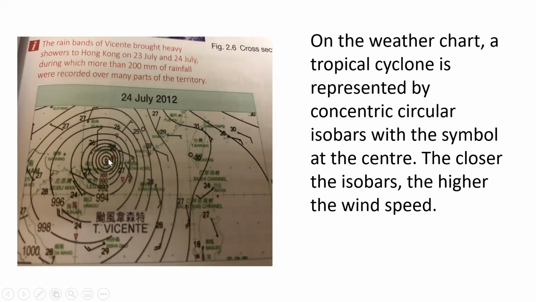嗱，我用中文講一次啦，颱風咧就係用一啲圓圈嘅等壓線，即係啲叫做氣壓線咧，就代表嘅。當你見到個天氣圖度咧，哇，好多圓圈嘅等壓線咧，咁密密麻麻就係颱風啦。咁你見到中間有個標誌就係颱風嘅中心。Okay, this is the center of typhoon.